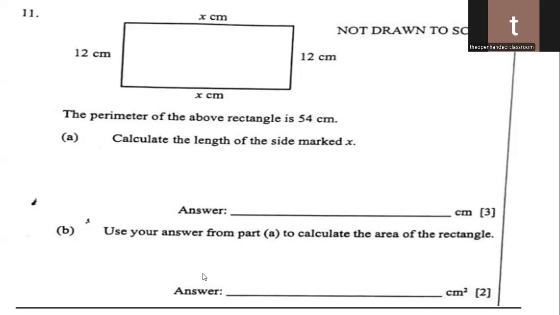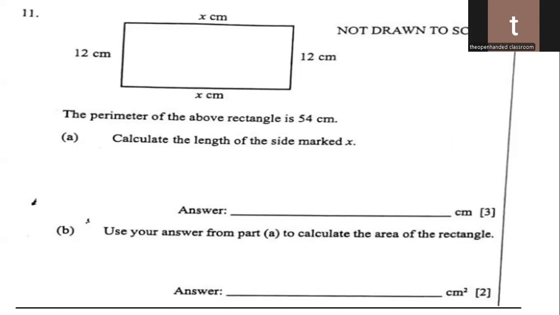So then I put 2X and I carry the 24 over, which will be a negative. 54 minus 24 is 30. Then I divide 2X and 30 by 2, and 30 goes 15. So x equals 15, just by using algebra.